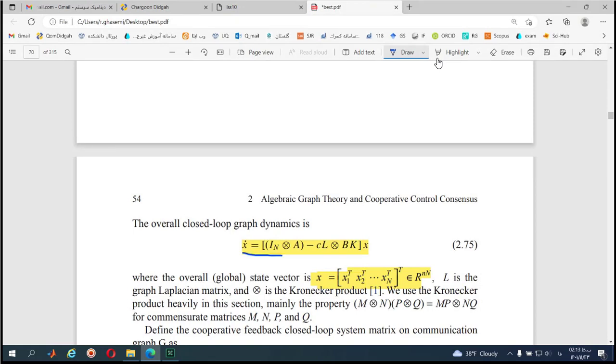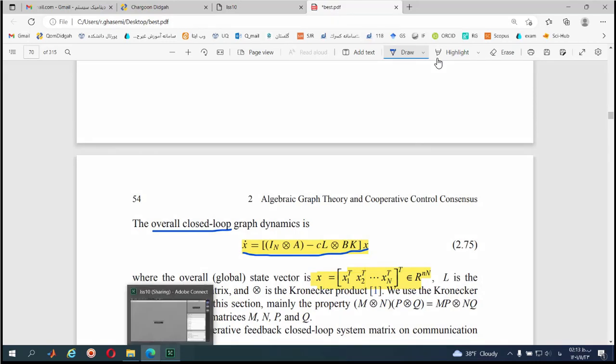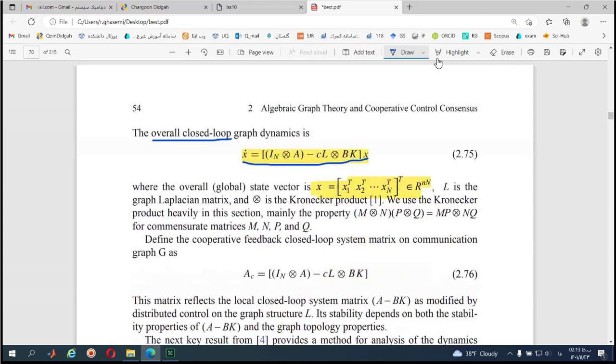The overall closed loop system in compact form can be written as x dot equal to, the Kronecker product I_N with A, minus c L Kronecker product B K.